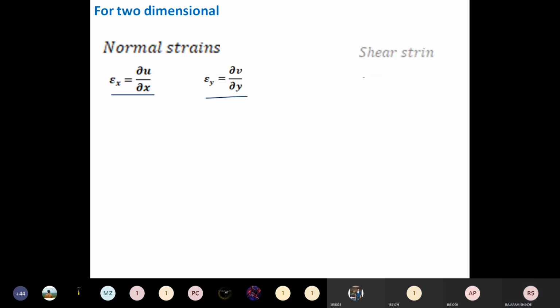Next one. Now when we go for the two dimensional elements, two dimensional elements have three strains. Already you have seen this, and at the time of the last lecture also I asked you to solve one problem. In that also you have done it. Here epsilon x is delta u by delta x, epsilon y is delta v by delta y, and gamma xy, it is a shear strain, is delta u by delta y plus delta v by delta x.